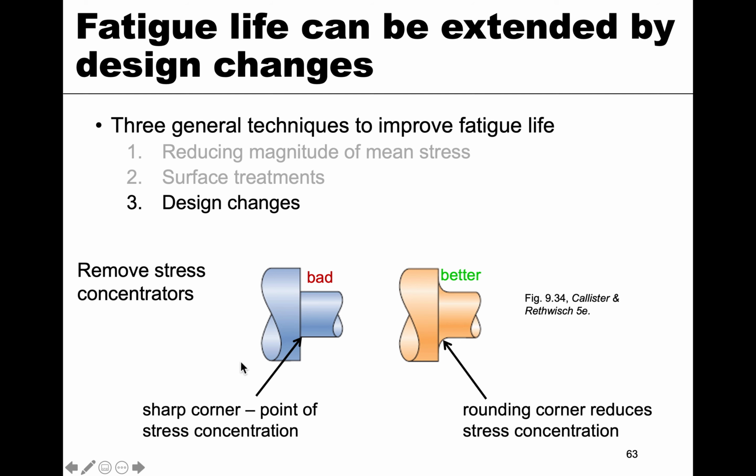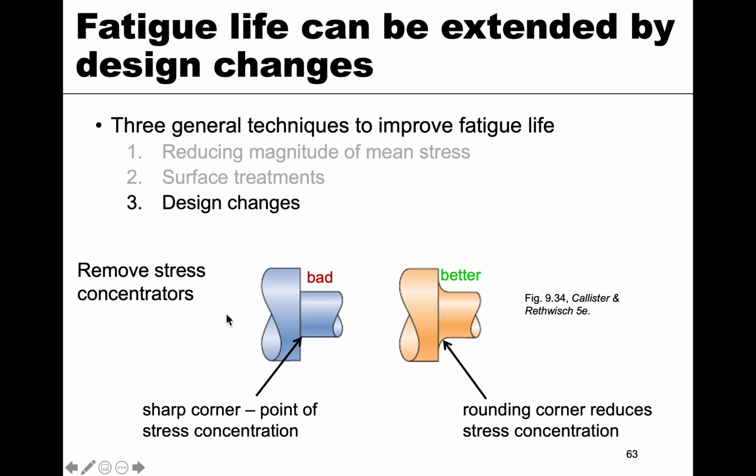If you have a part with an abrupt, sharp 90-degree angle as opposed to a more rounded corner, the rounding decreases the curvature, and it no longer acts as big of a stress concentration, whereas very sharp edges, just like notches, are areas of stress concentration. So design is always a really good option to think about in these parts.